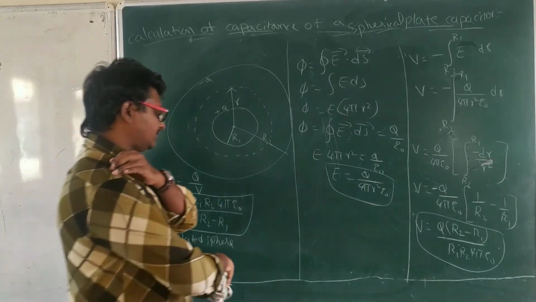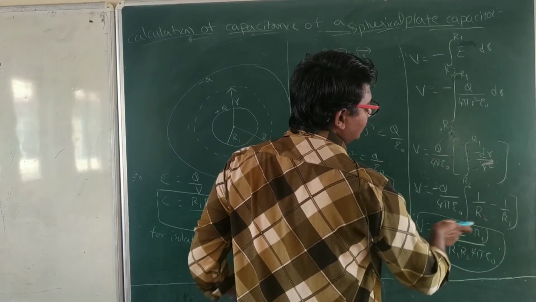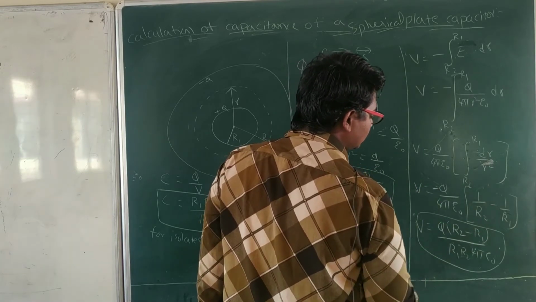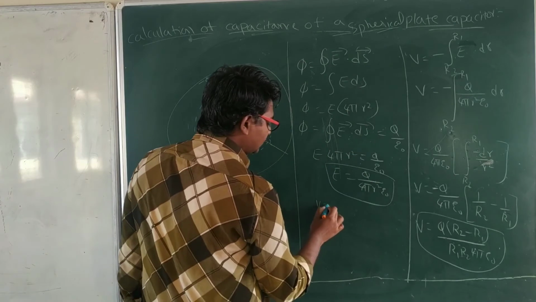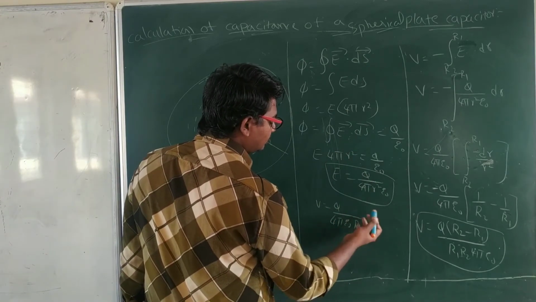Let's substitute infinity directly in this equation. This term whole will become 0. That is V is equal to Q by 4 pi epsilon naught R1.